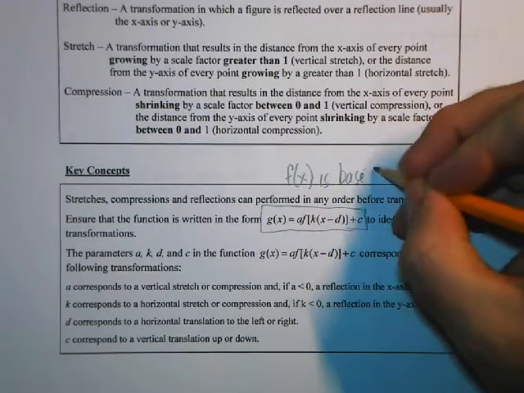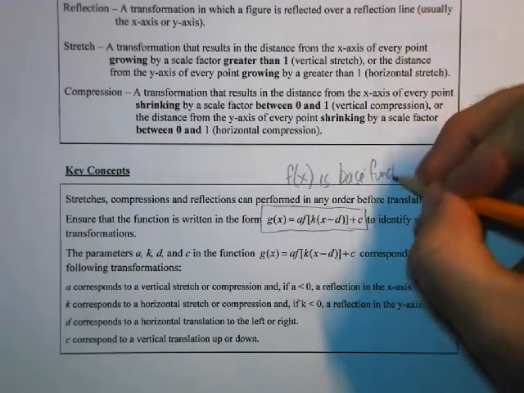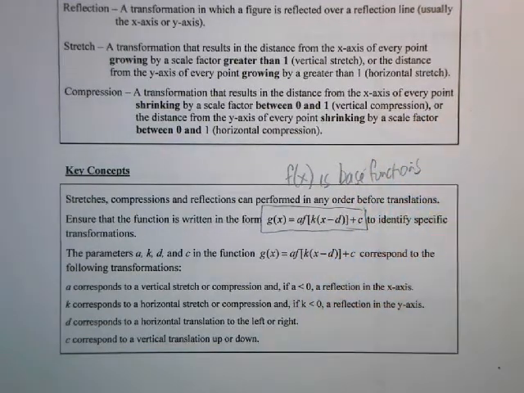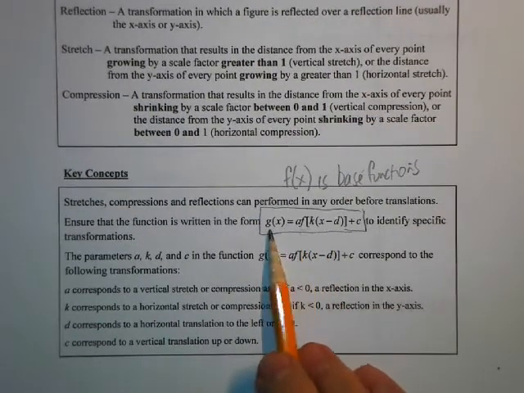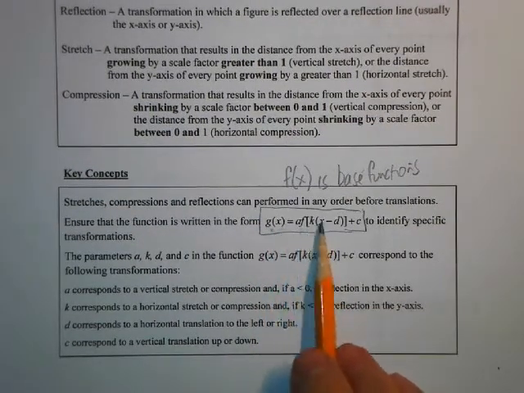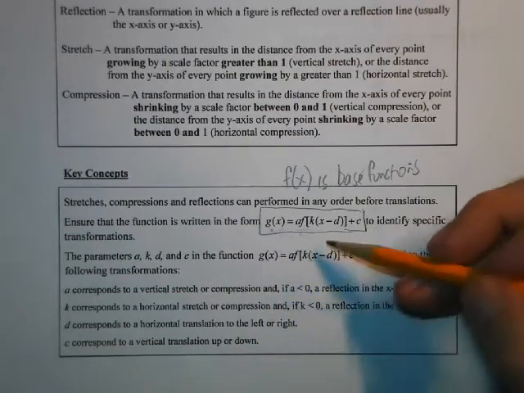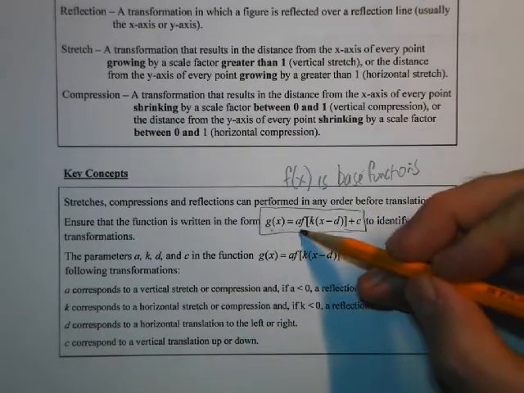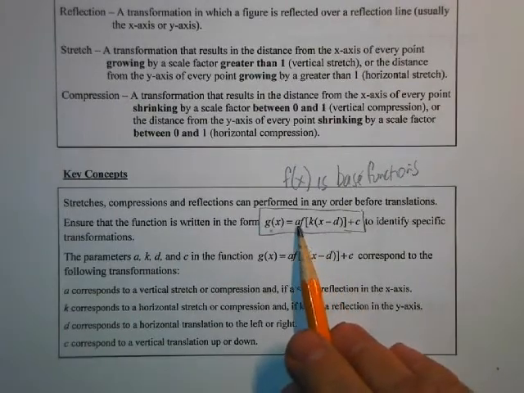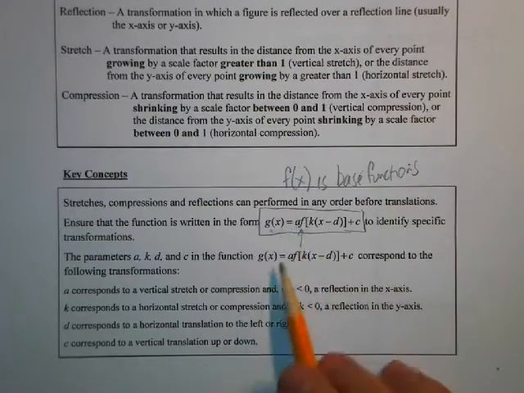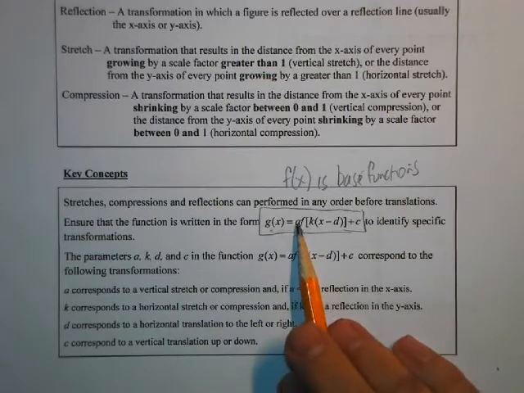It could be one of those 5 base functions we talked about earlier in the unit. And you can see g of x as a function of f of x. Here's your f. It's getting kind of hidden now with all the parameters. So we've got the A to the left, so we're multiplying outside to the left. That's going to be your vertical stretch, compression, reflection parameter.